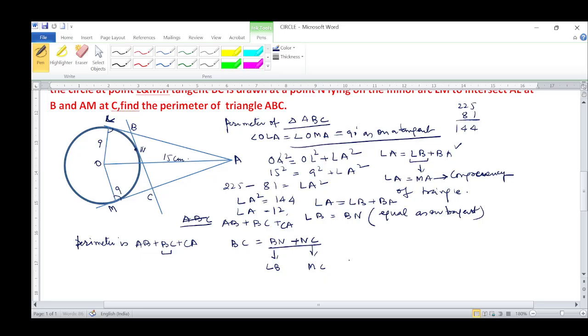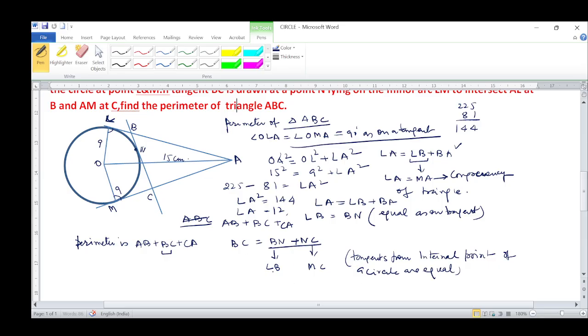Why so? Tangents from an external point to a circle are equal.